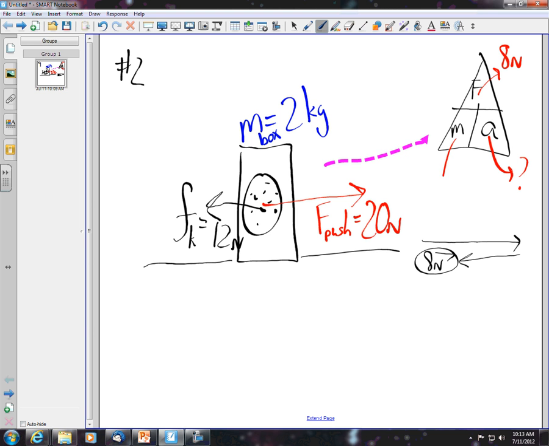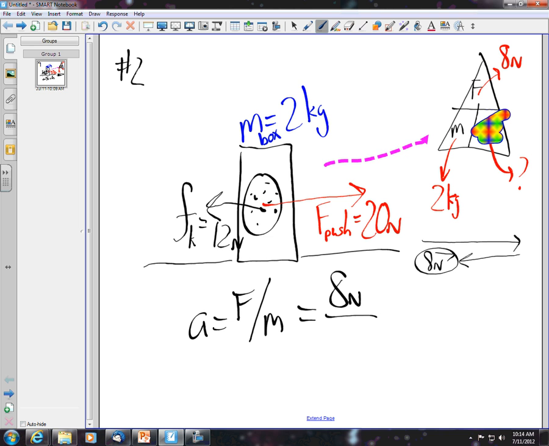Acceleration, we have no idea. And the mass that is being accelerated is 2. So, let me see, get fancy here. Cover up acceleration, and we find that acceleration is force divided by mass. That overall force is 8 newtons, 2 kilograms.